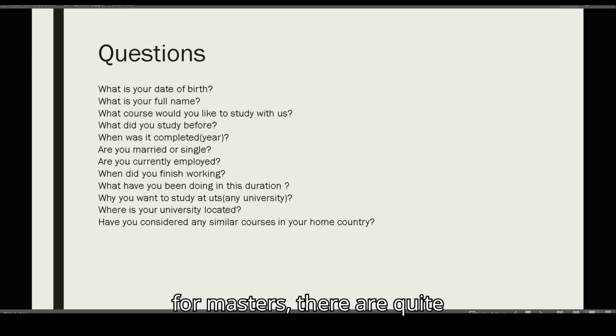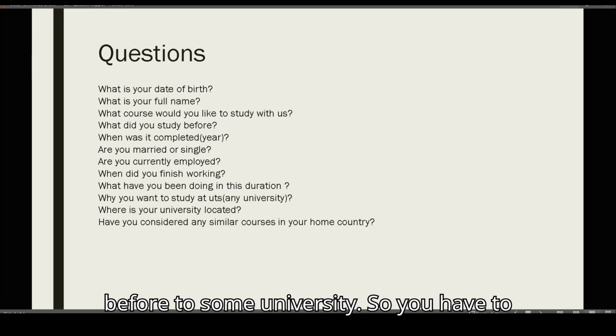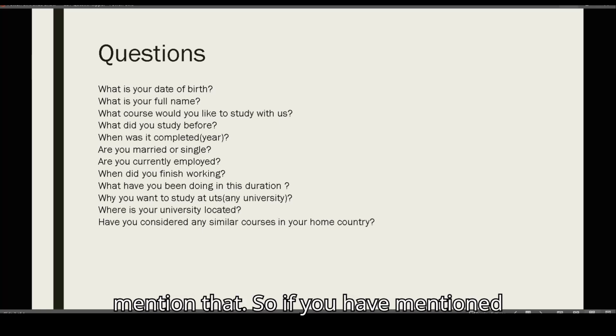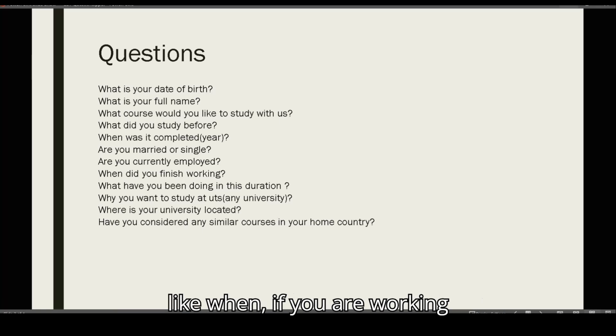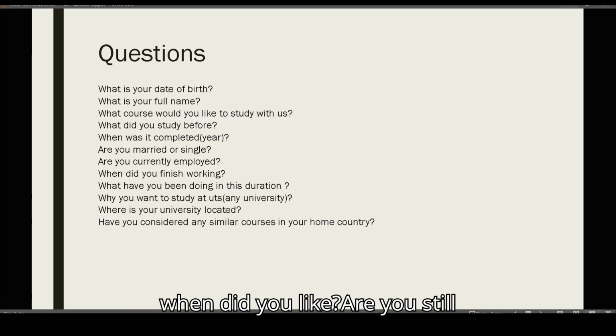If you're coming for a master's, there are quite good chances that you have been employed before, so you have to state some institution or firm. You have to mention that. If you mention that you were working before, they're going to ask whether you are still working.